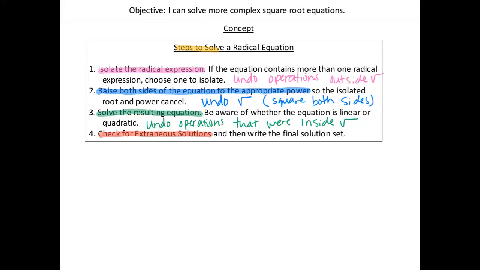As a reminder, we're doing please excuse my dear Aunt Sally in reverse. So first we get rid of addition and subtraction, then multiplication and division. We don't really see exponents and parentheses in this lesson, but that's the order you get rid of them.